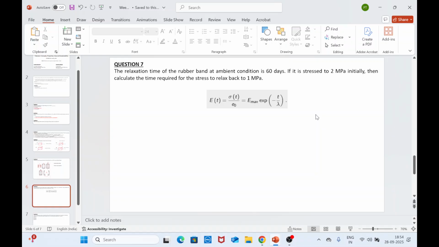Just 30 days. Did you use this equation to solve?